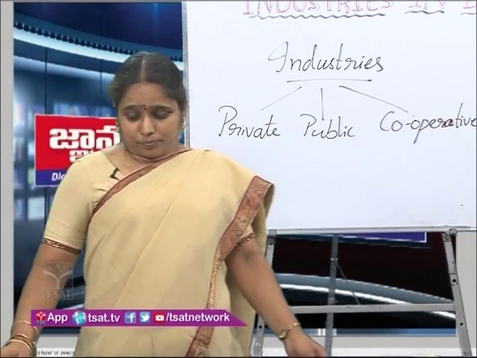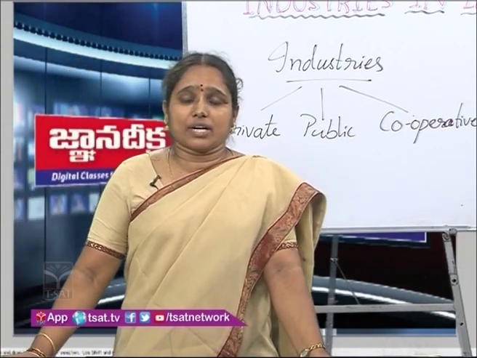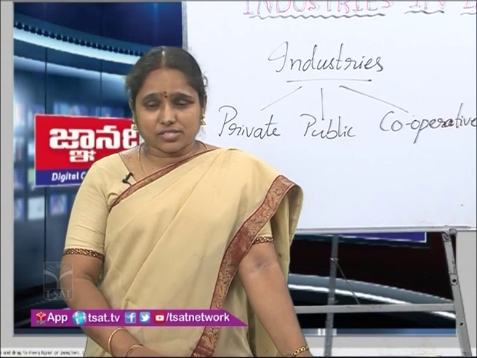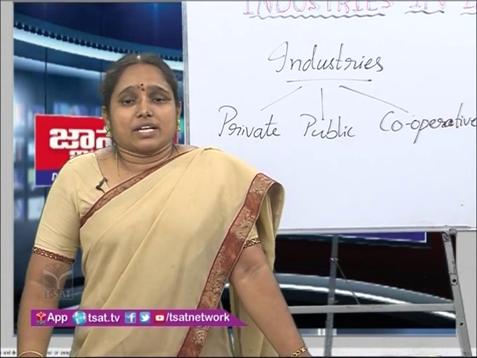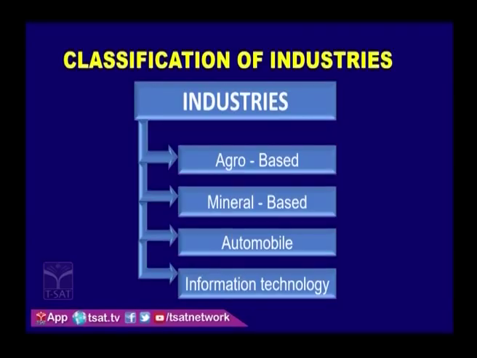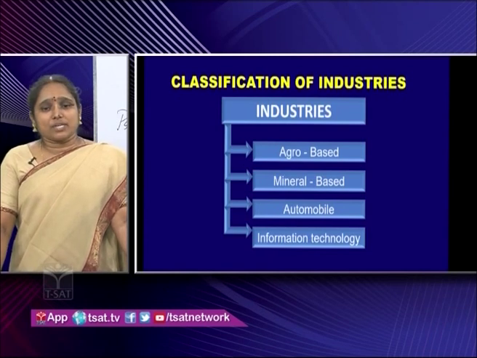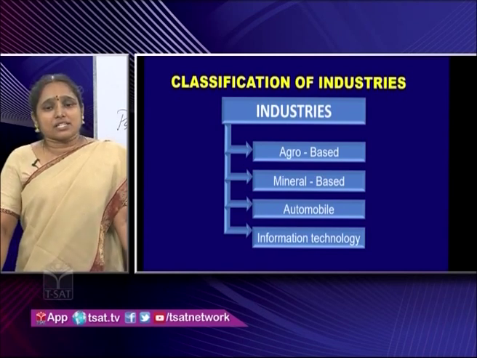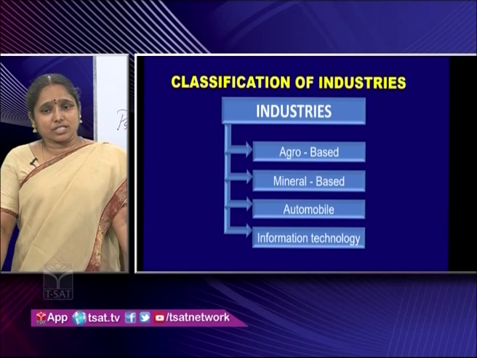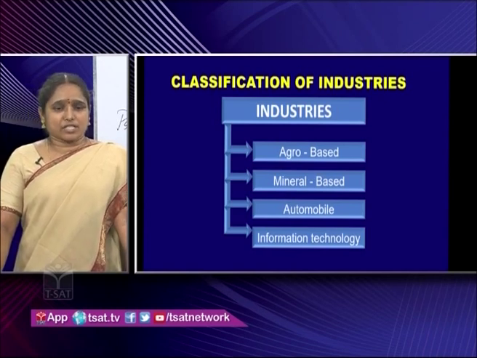And the last but most important categorization is on the screen. Please look at the screen. The third classification is based on raw materials. There are four types: agro-based industries, mineral-based industries, automobile industries, and information technology industry, IT industry we call it.